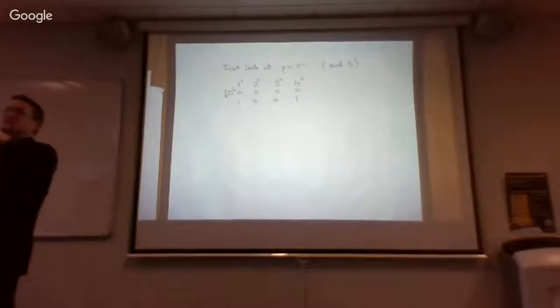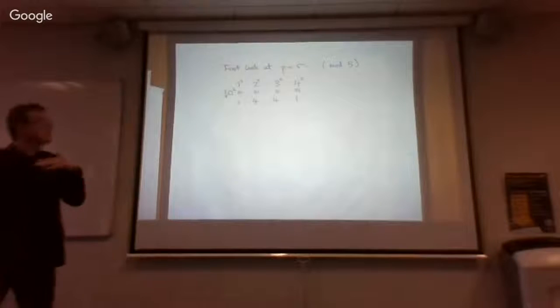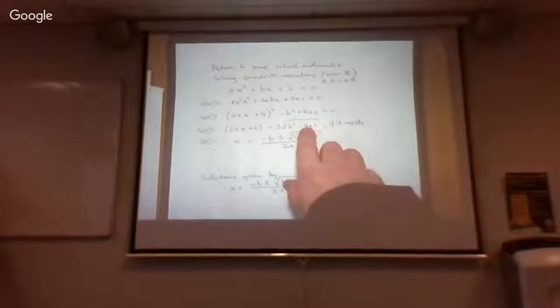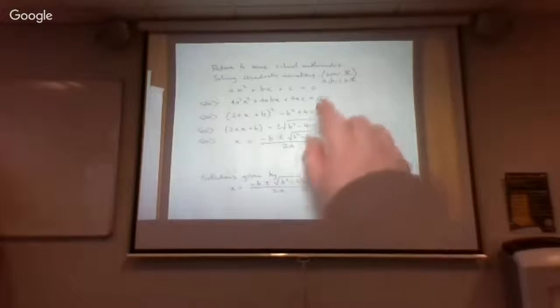There is no integer that when you square it, modulo 5, you get 2 or 3. They just don't exist. So if we tried to solve a quadratic congruence modulo 5, and if this b squared minus 4ac was 2 or 3, the thing would grind to a halt here, okay? Sorry, that's the quadratic equation. Wrong example.